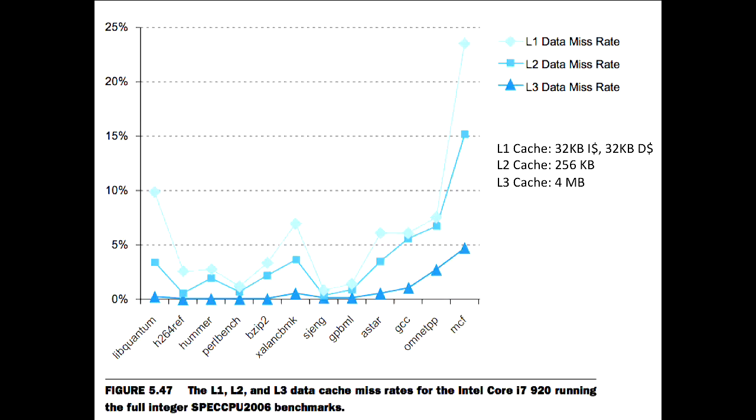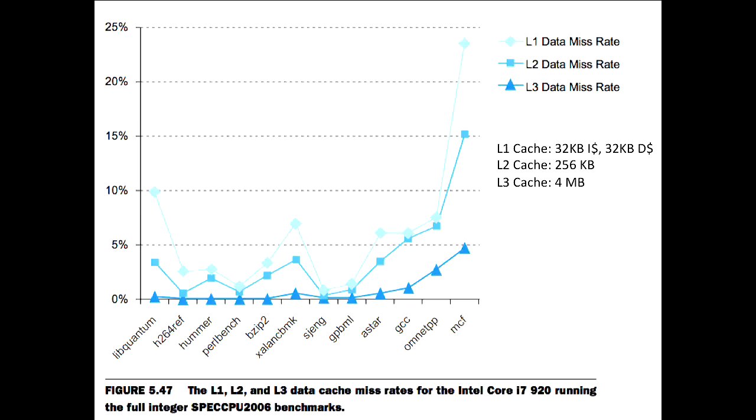How did you know these are global miss rates? Right, level 3 is lower than level 2, which is lower than level 1. So every level is seeing a lower global miss rate. That's what you would expect in a memory hierarchy. Level 3 is less than level 2 is less than level 1. So you know these are global miss rates.